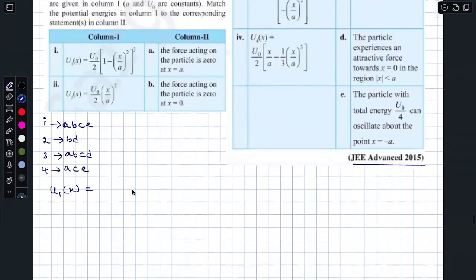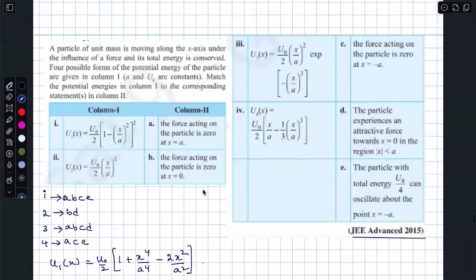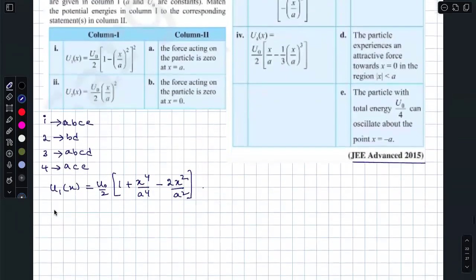U1 of x is U0 by 2 times 1 plus x power 4 by a power 4 minus 2x square by a square. That is the function. Now what we need to do is find F, which is minus du1 by dx.